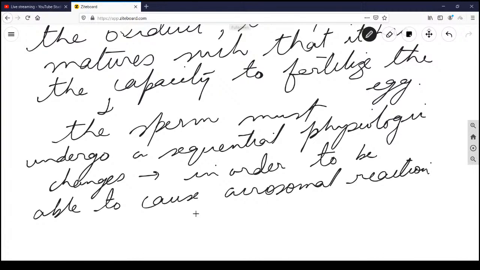That process is known as capacitation. It means the sperm has acquired the competence to penetrate the ovum.